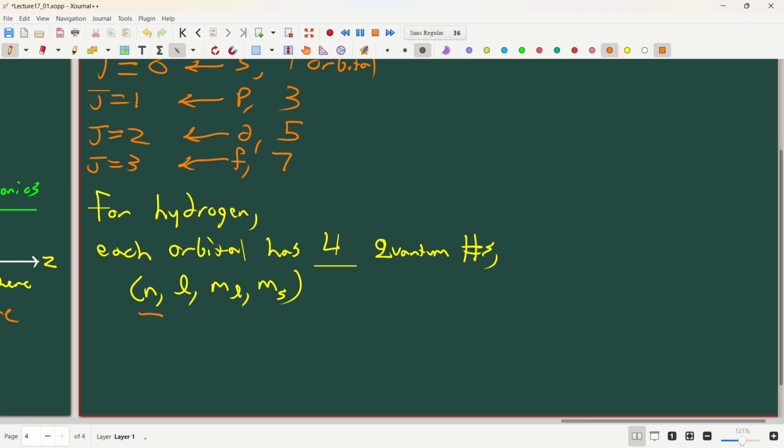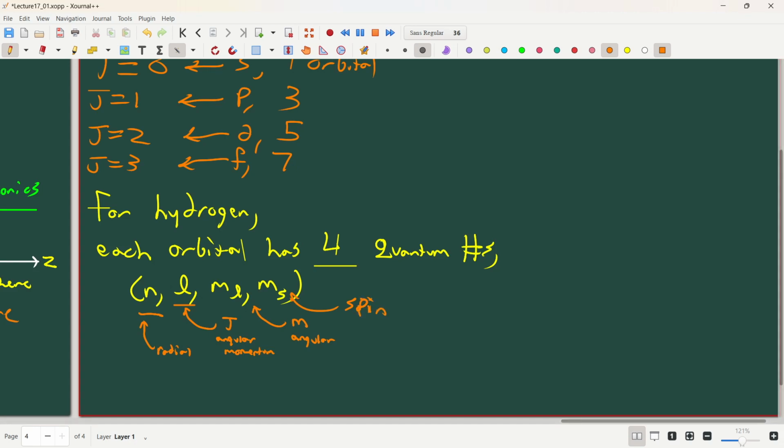N is the radial. The L quantum number is the L squared angular momentum. We could just write that J. It's J, effectively. This M sub L is M, which we haven't talked about yet. This is angular. And M sub S is spin, which we haven't talked about yet either.